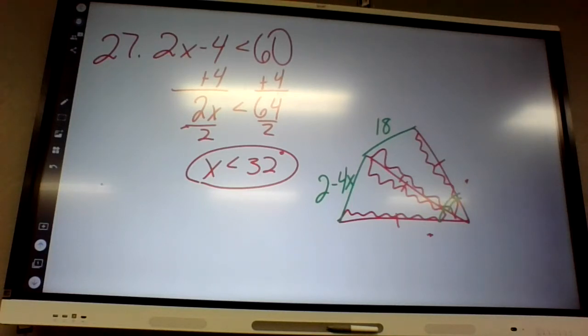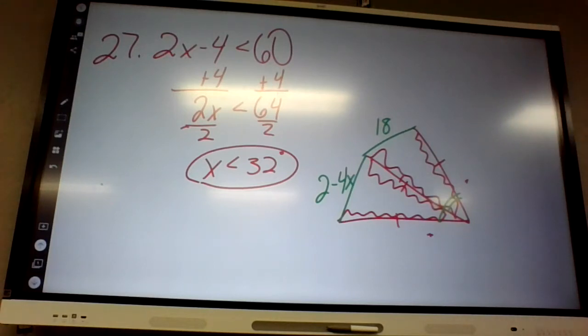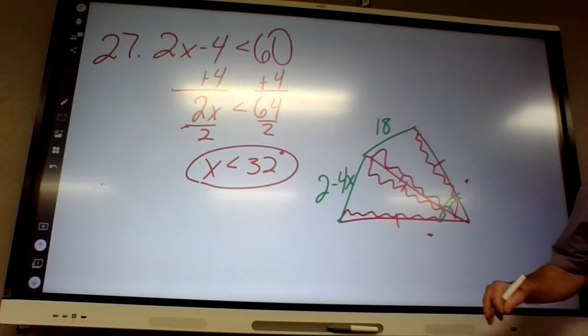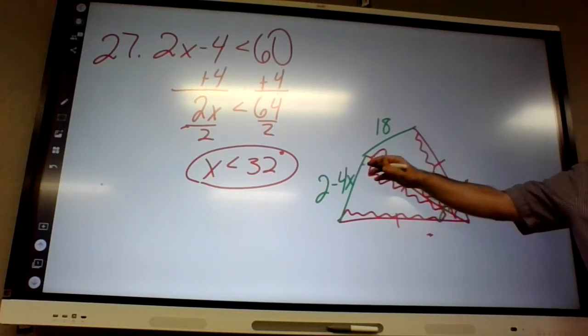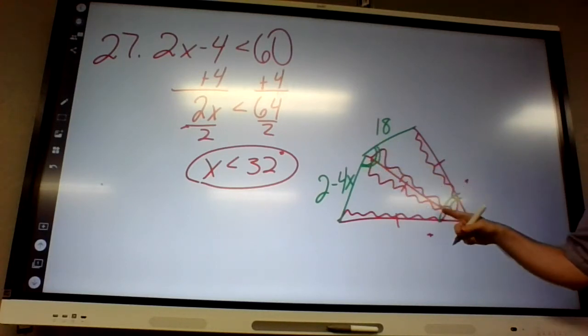It tells us the top and the bottom angles are the same. It puts an arc on both, so those are tied. But it says the bottom triangle's left angle is slightly bigger than the top triangle's left angle. So what does that tell us about the bottom triangle's right angle? If this angle right here uses a little bit more degrees than this angle right here, then what's that leave for this?